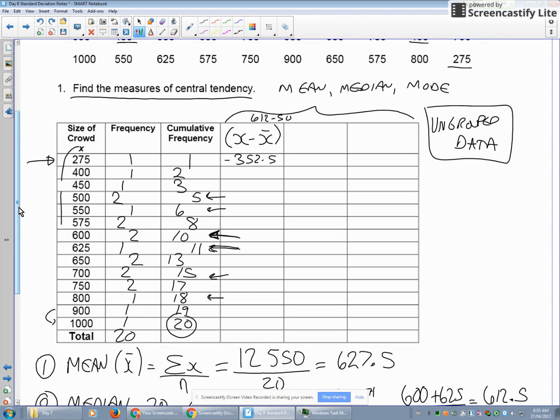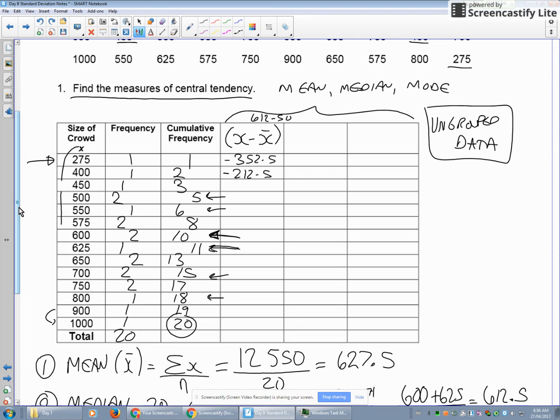My second value of x is 400. I subtract 612.5, and that gives me a negative 212.5. I'm worried that my sheet here has got the wrong data.